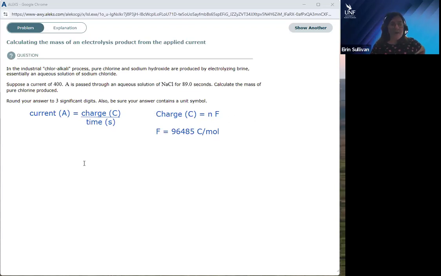One thing you have to be very aware of here is stoichiometry. We're talking about electrolyzing sodium chloride, so there are a couple of redox processes going on. One is to do with the sodium, and the other is to do with the chlorine being produced.